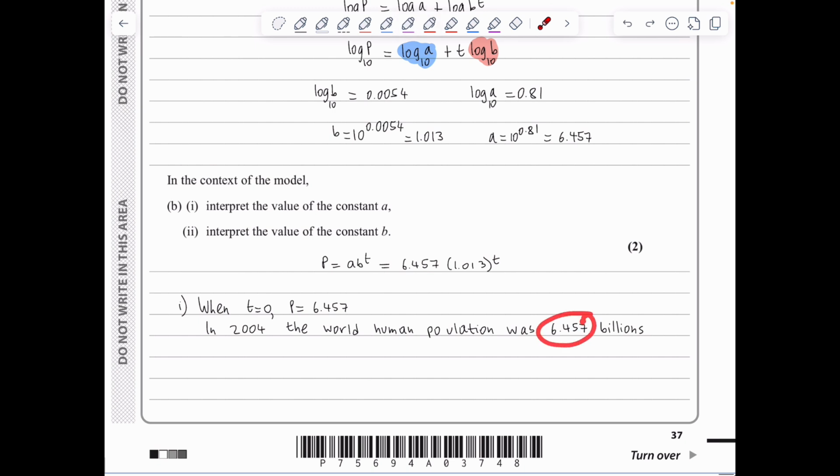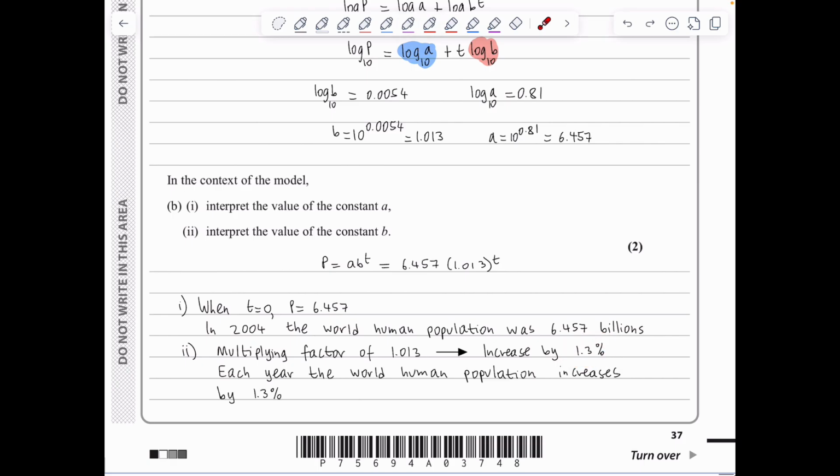And then we can see that the 1.013 is the multiplying factor, because every time that the T increases by 1, so every year we multiply by 1.013, and we know that the multiplying factor of 1.013 corresponds to an increase by 1.3%, and therefore each year the world human population increases by 1.3%.